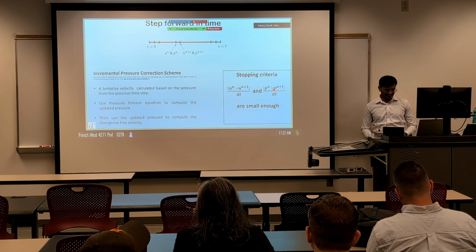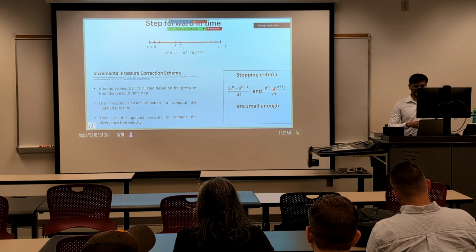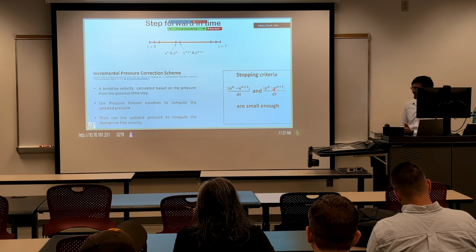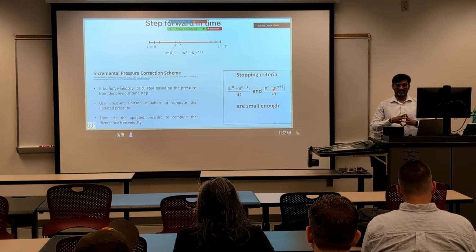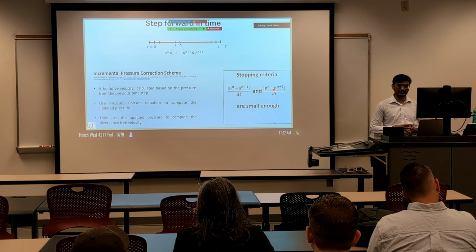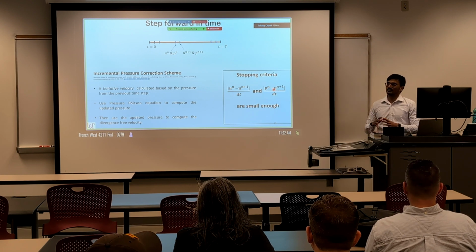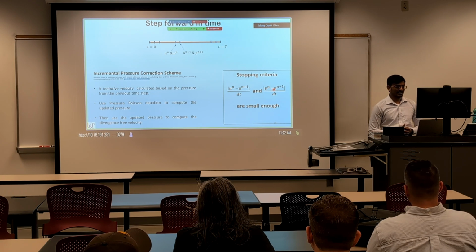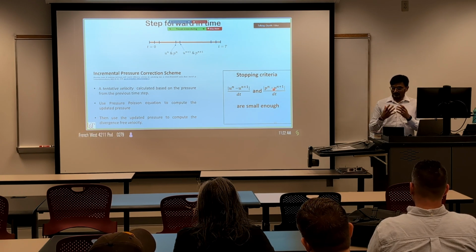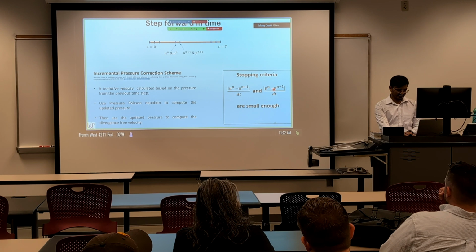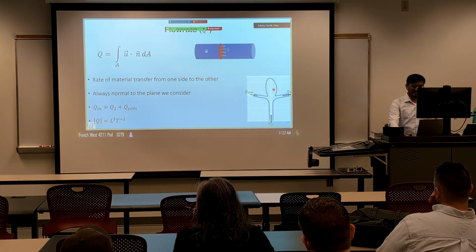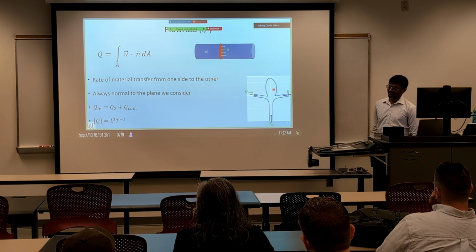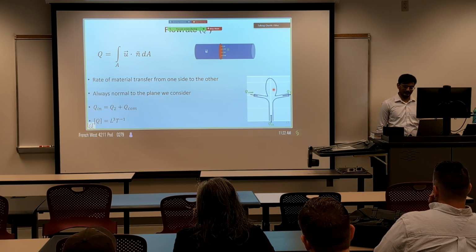And finally, at the end of this calculation, we are going to have pressure values and velocity values across all the nodes in the mesh. With those values, next we are going to calculate another measurement using the velocity values.